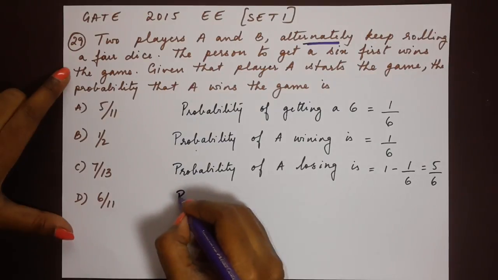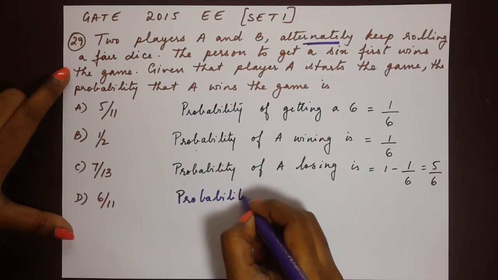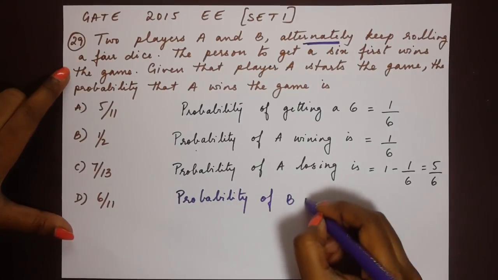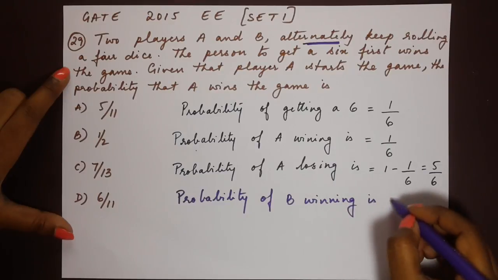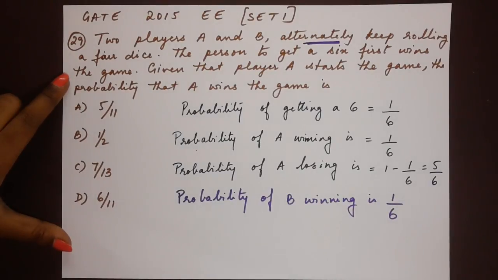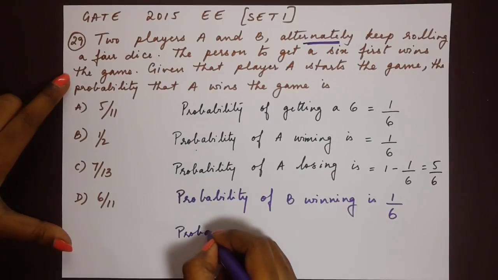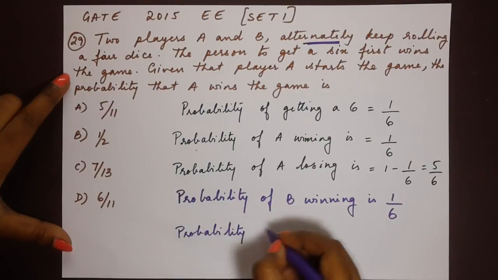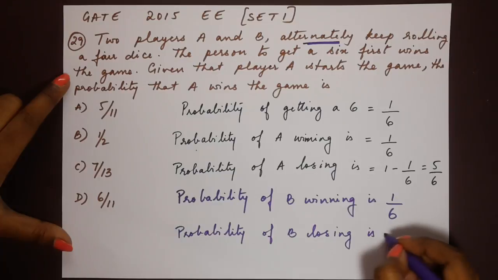So the probability of B winning is 1 by 6. And the probability of B losing would be the same, 5 by 6. So I'll write that down here. Probability of B losing is 5 by 6.